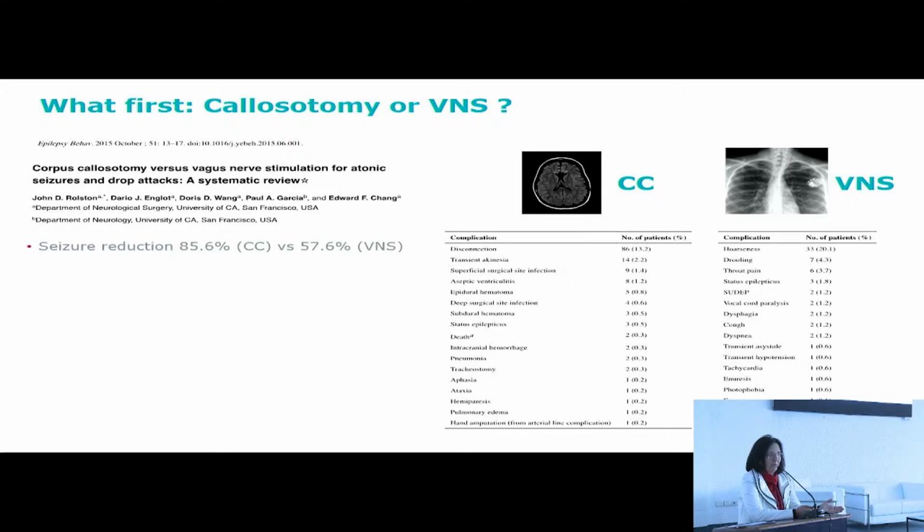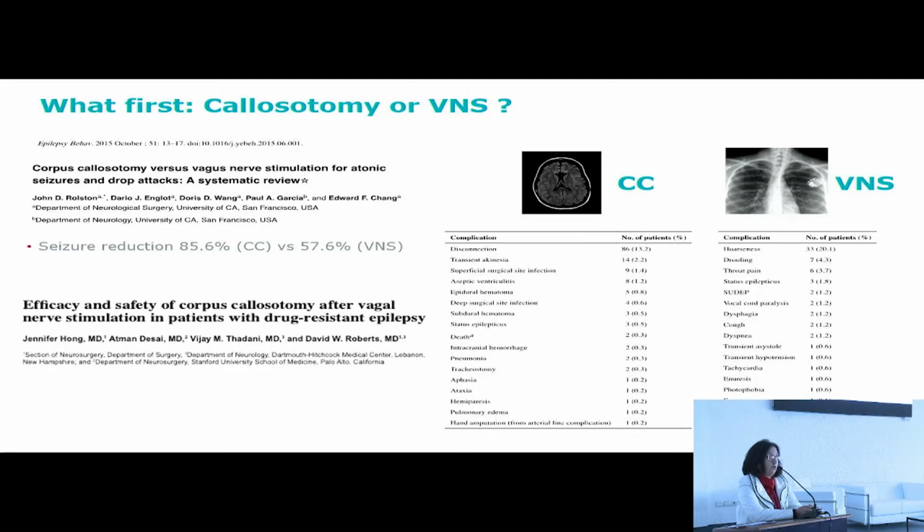If you have a conversation with somebody whose voice gets very hoarse every 3 minutes, it's actually kind of annoying, and I'm sure the patient doesn't appreciate this either. So these are things you need to consider. Of course, you can always adjust the amplitude, but the VNS is not without side effects.